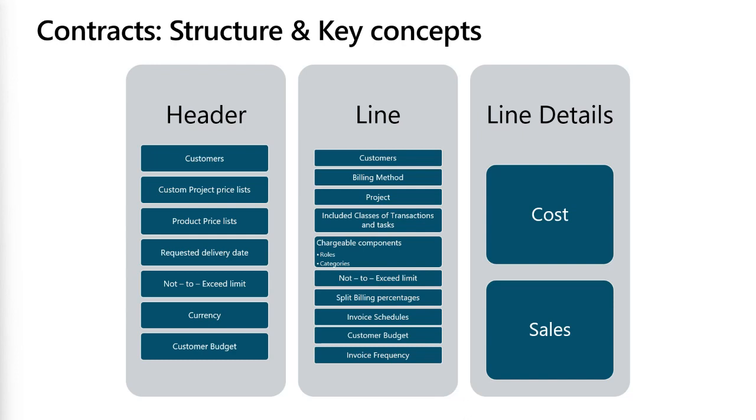The important aspect from a project contract line perspective is the chargeable components, which are the roles and categories, and how we can go about setting them up. Ultimately, during project execution, based on the contract line details and how the billing classes are set up, it will result in the generation of actual cost and/or sales transactions.